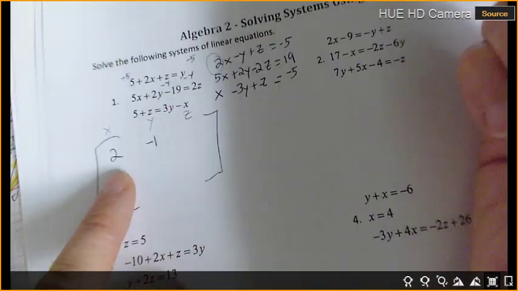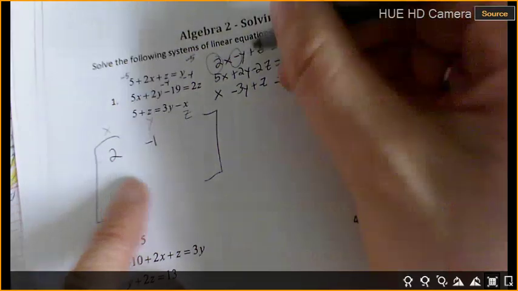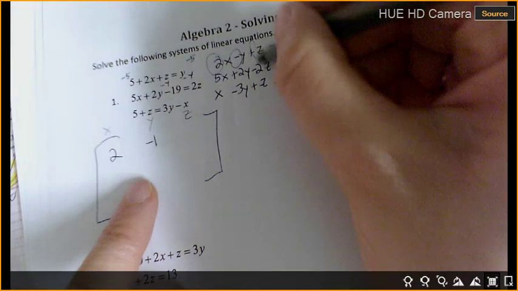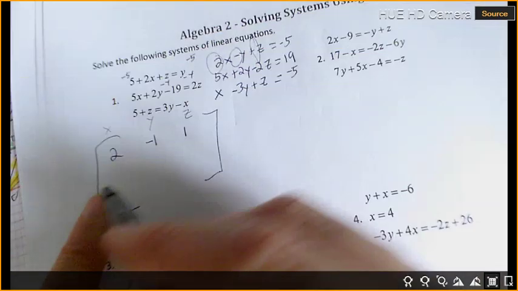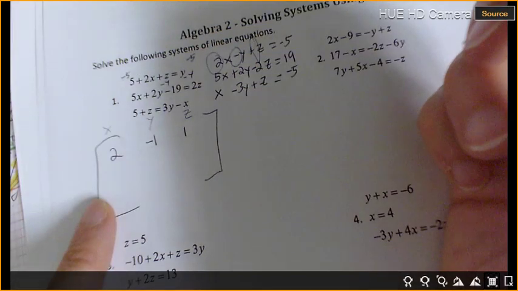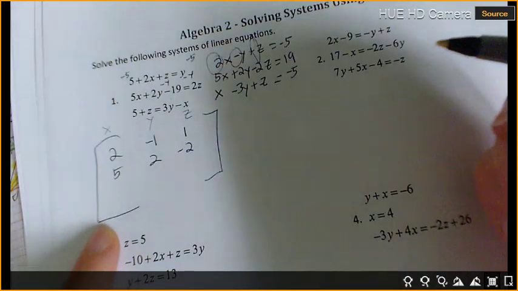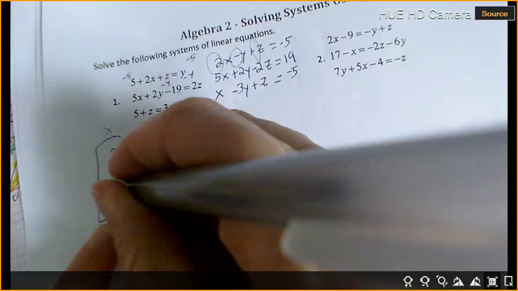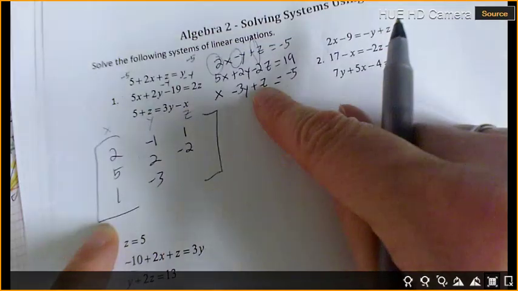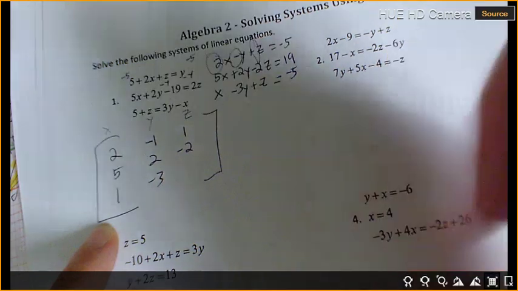Negative 1 from this right here. 1 from this right here. So far, so good? Okay, somebody tell me what the next row is going to be. 5, 2, negative 2. Okay, what's the third row going to be? 1, negative 3. Remember, that's a z, so that's going to be a 1.